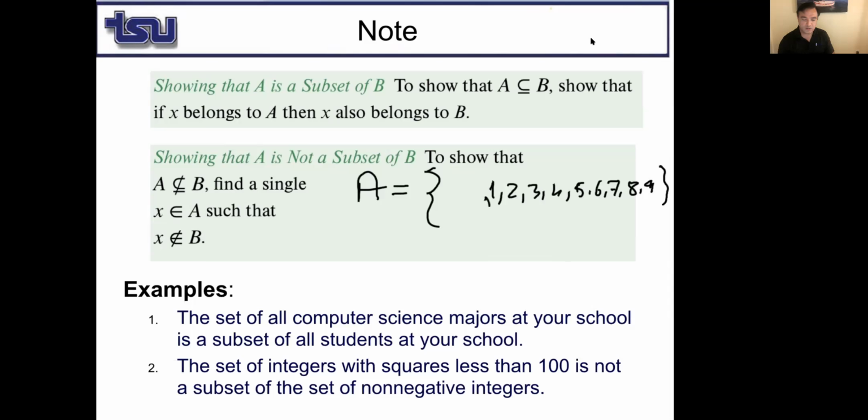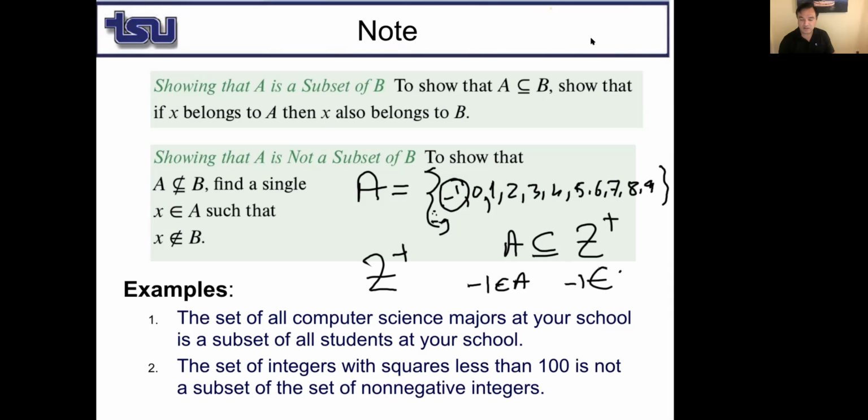And then also I can go with 0, -1, all the way to what? -9. So this is the set whose squares are less than 100. And think about Z, the positive integers. Is A a subset of Z? That's what I'm asking. It is not. Why? Because, for example, -1 is in A, but -1 is not a positive integer. So therefore, A is not a subset of what? Z.